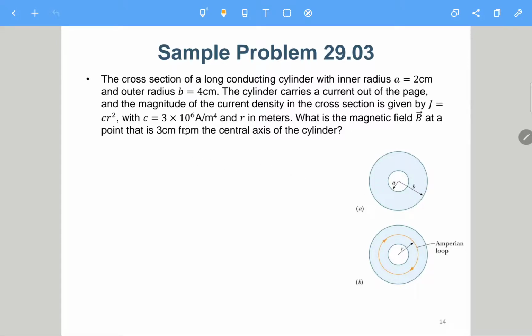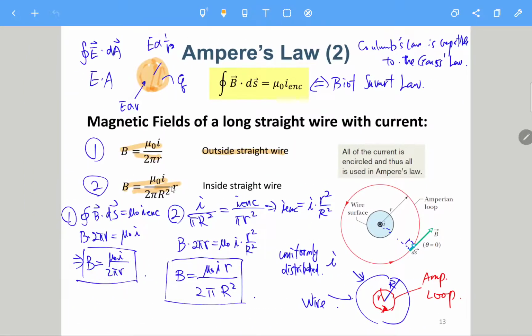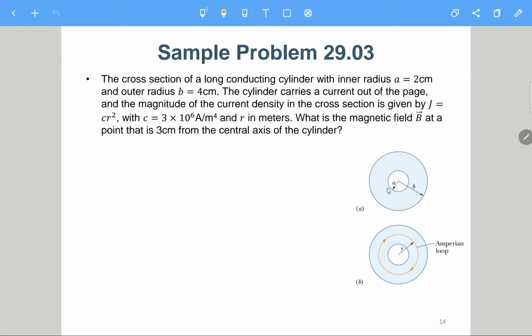Now we consider the point 3 cm away from the central axis, which means we consider the B field inside this part. Of course, we cannot apply this one directly because this wire is hollow, so we don't have a current in the middle part. We have J out of the page.